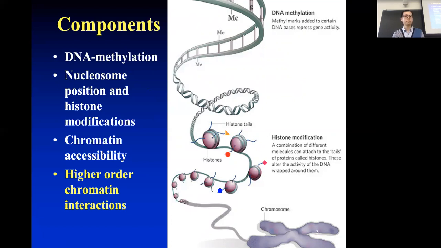For example, some modifications make the DNA fragment more easily recognized by other proteins, and some make it harder. So on top of DNA, we also need to learn the nucleosome positions and the modifications on those nucleosomes.